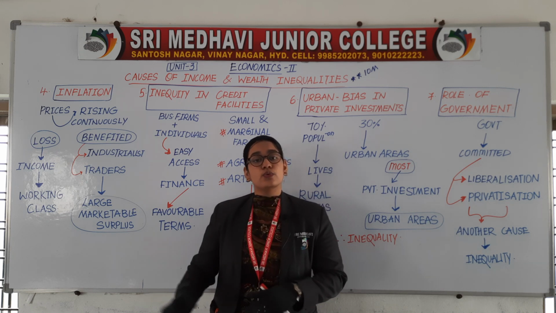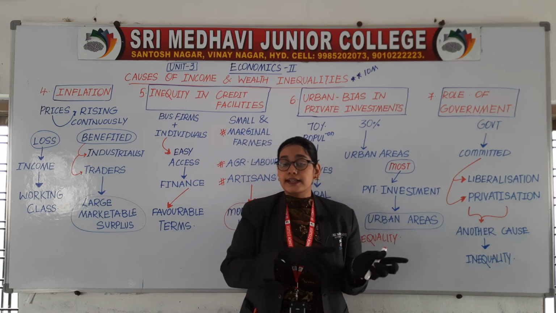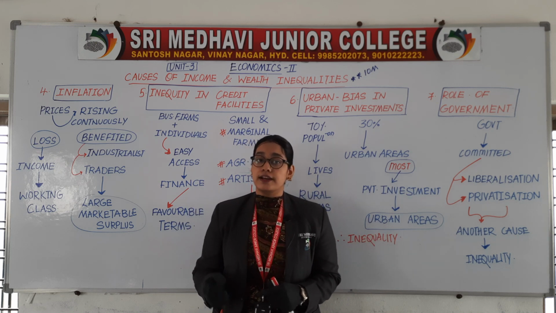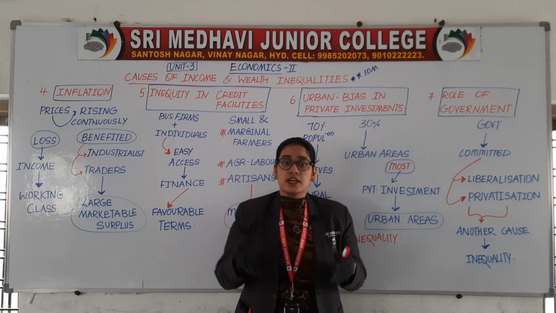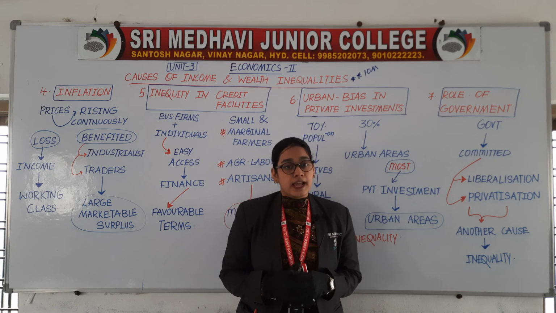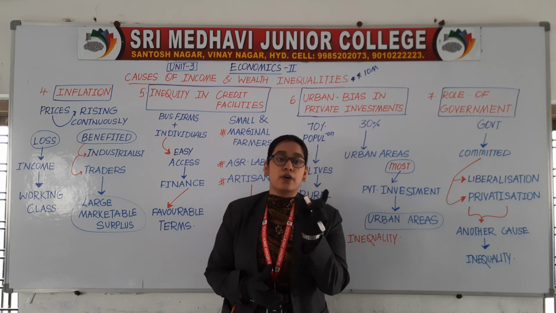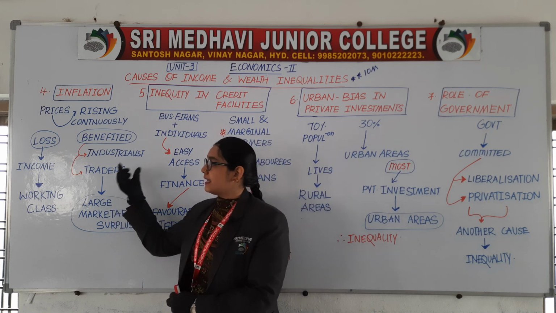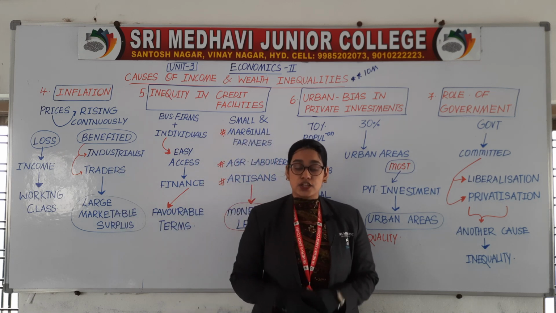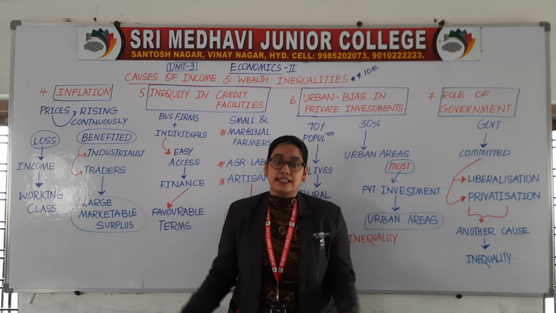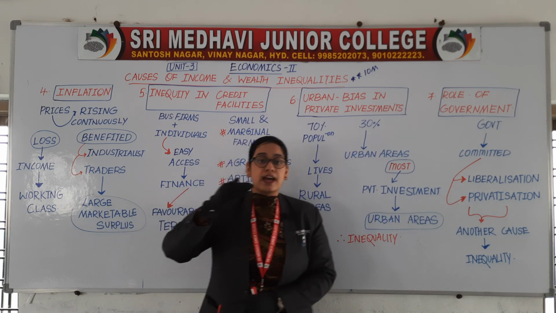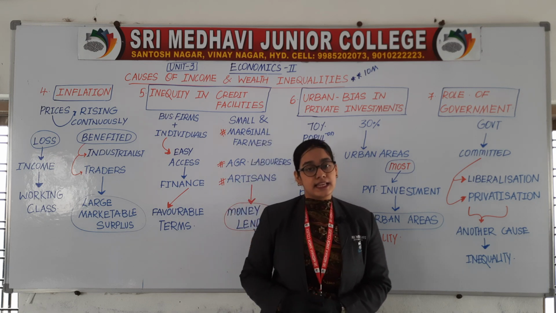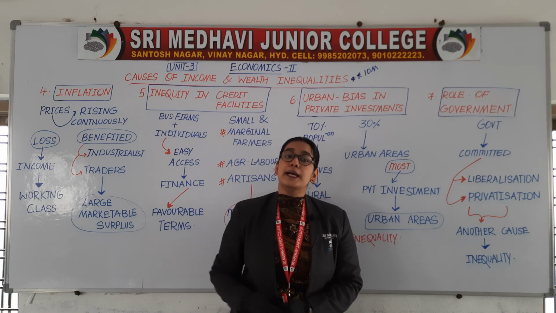Suddenly you won't change your soap, your oil, or your shampoo because you are habituated to that. And such branded products are made by industrialists and traders whose business is on a large scale. So they are getting large marketable surplus. If we increase the prices and sell, people will still buy it.